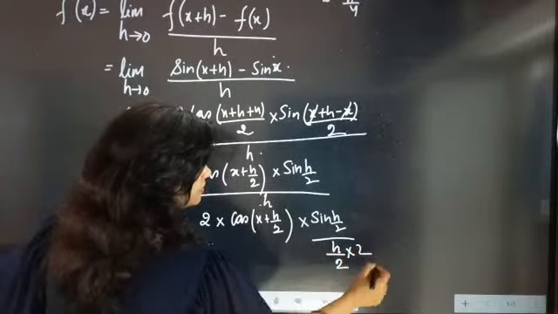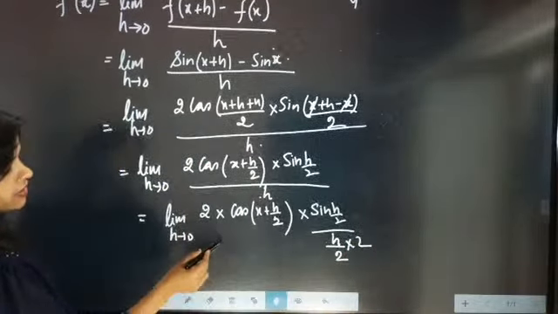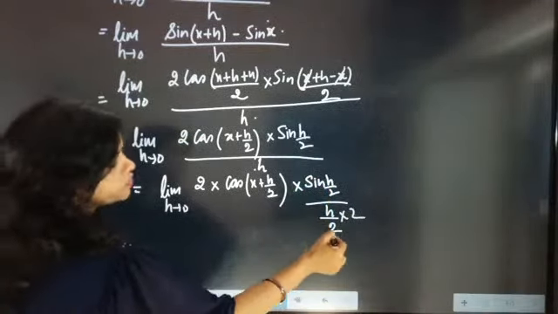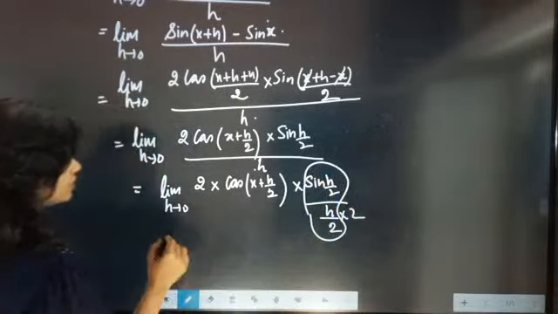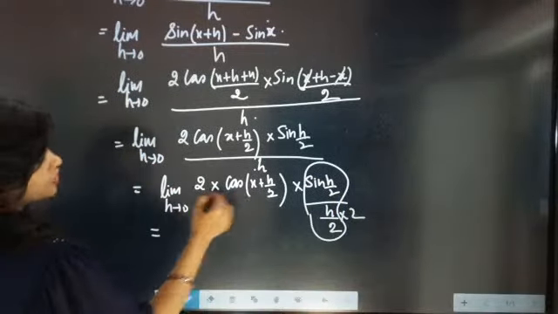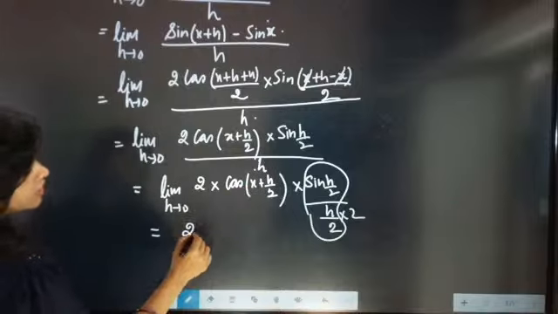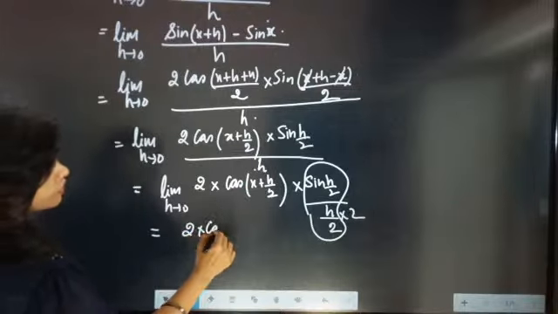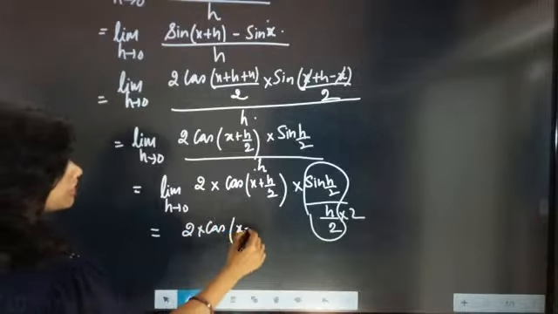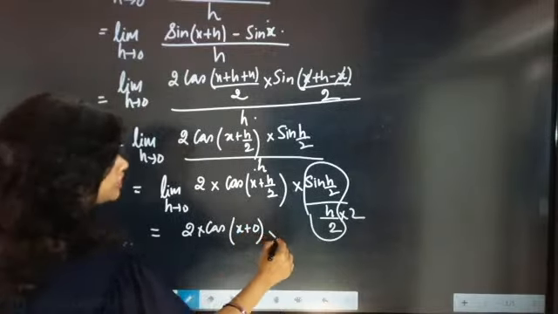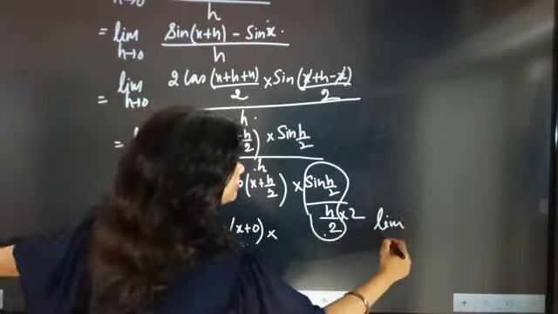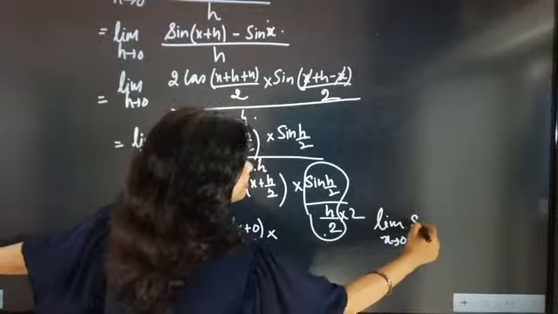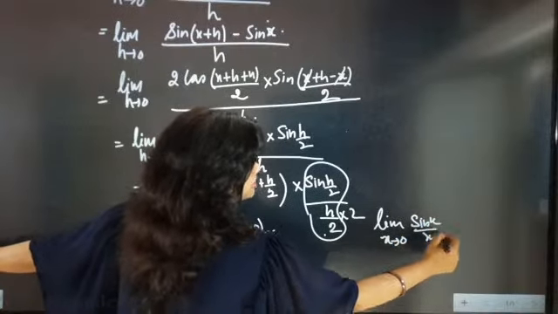Then 2 will multiply. But now sine of h by 2 over h by 2, this part will become 1. So if you put h equal to 0, it will become 2 into cos of x plus 0 into this part, sine of h by h, because we know that limit x tends to 0, sine of x by x is equal to 1.